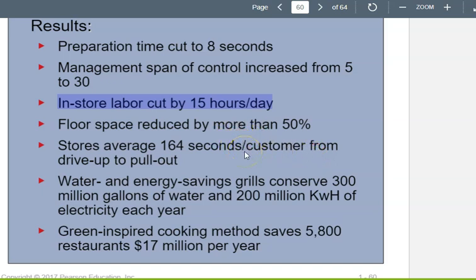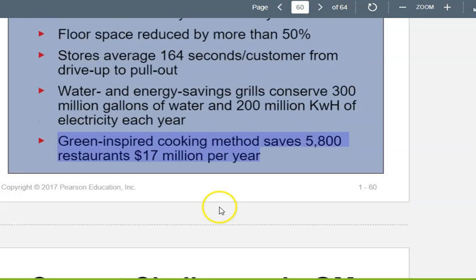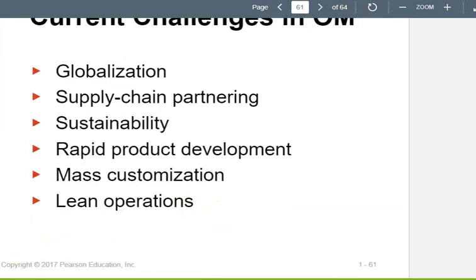More work, and scared of getting the virus. Floor space reduced by more than 50%. Stores average 164 seconds per customer from drive up to pull out. Water and energy saving and green inspired cooking. These are results that they had.